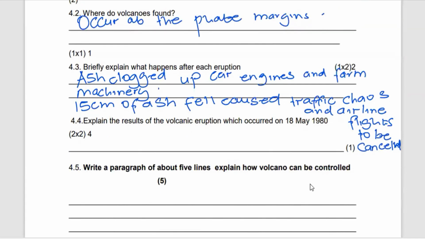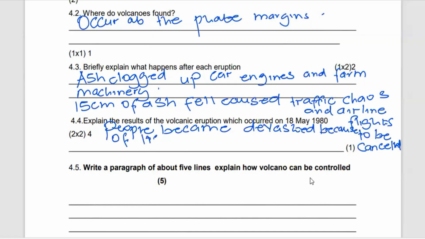Explain the results of the volcanic eruption which occurred on 18th May 1980. The result was people became devastated because of its effects.